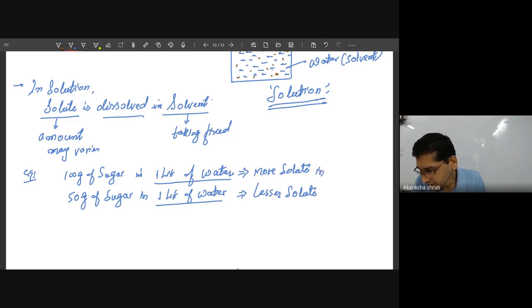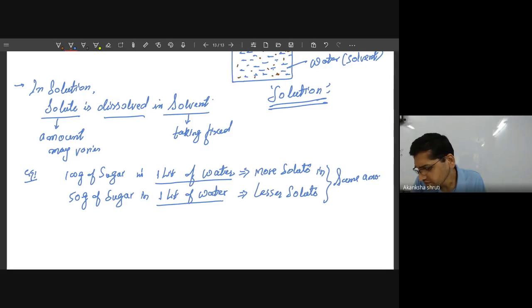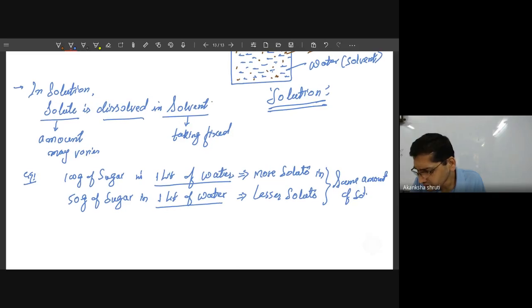Both have the same amount of solvent. We are taking the amount of solvent the same. The term amount means what? Amount means the mass or volume we can take.